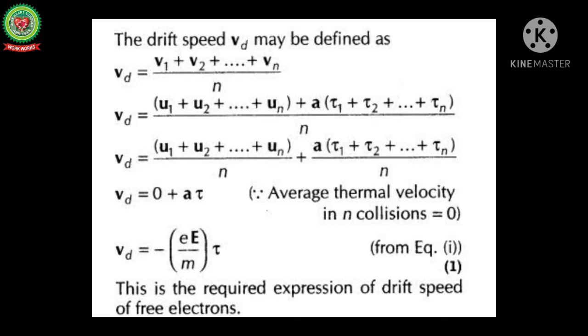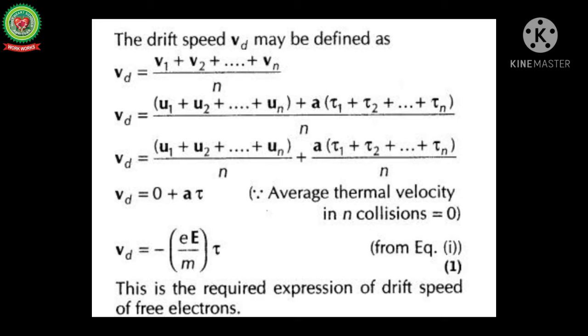Here, the average velocity of the electrons, which is written as u1 plus u2 plus u3 up till un divided by n, is taken as 0. This velocity is basically the thermal velocity of the electrons and its value is 0 as these electrons are in random motion and hence they do not contribute towards the flow of electric current.